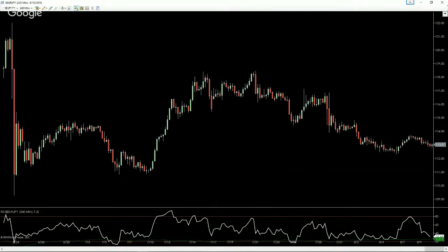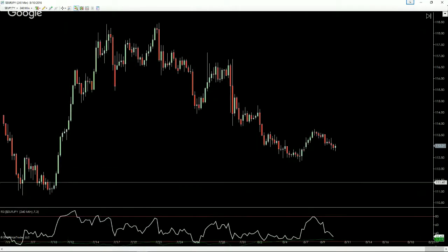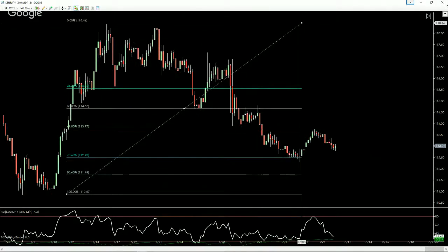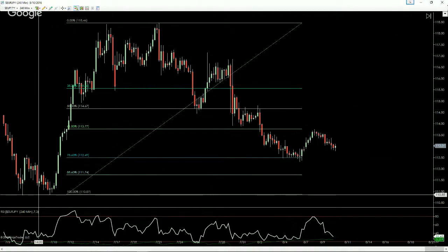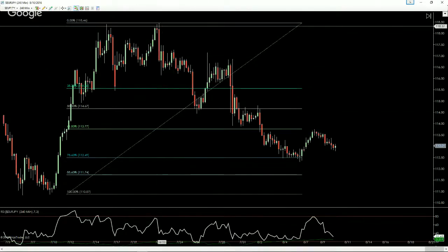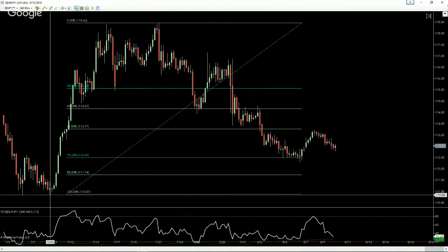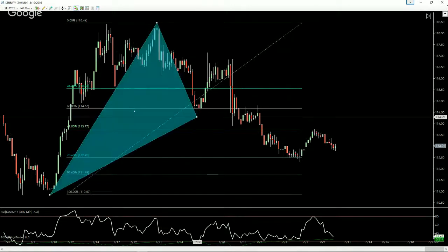All right, I do have this possible bullish bat pattern on the 240.